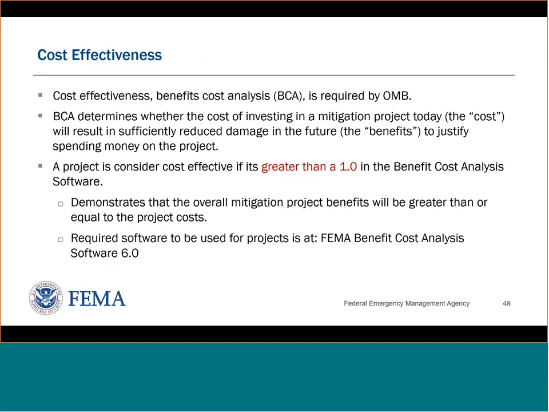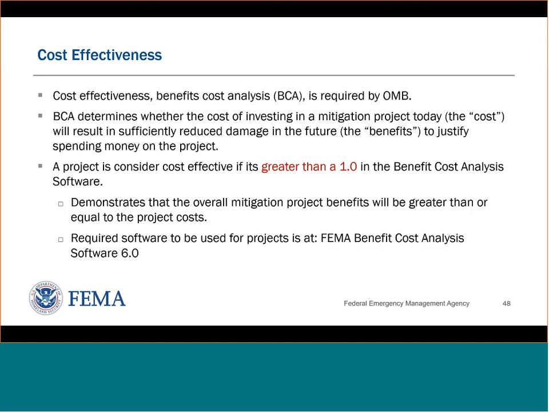The framework that we use to determine cost effectiveness has been set up by the Office of Management and Budget. So essentially, the BCA determines whether the cost of investing in the mitigation project will result in sufficient reduction in damage in the future to justify spending the money on the project, and that's kind of the bottom line. So your benefit cost ratio needs to be at least 1.0, which means you're saving $1 for spending $1.